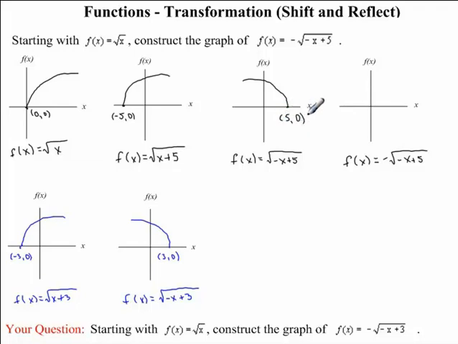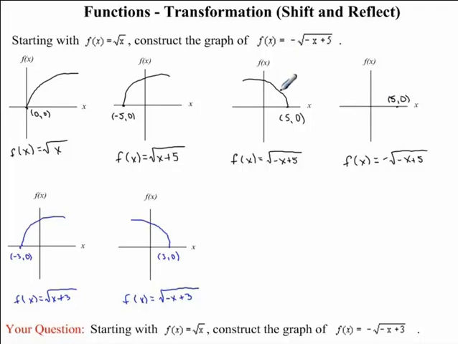This point here will remain the same because our y value is 0, and 0 times negative 1 is still 0. So we know our graph here will still start at the point, this is going to be positive 5, 0.